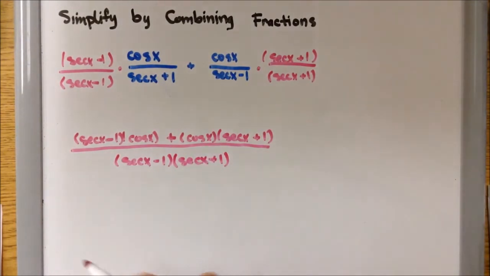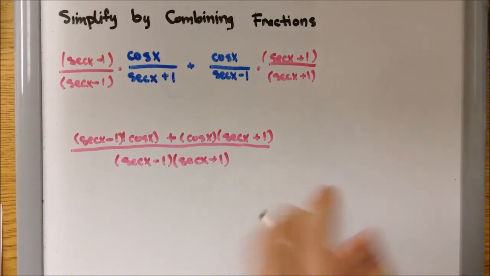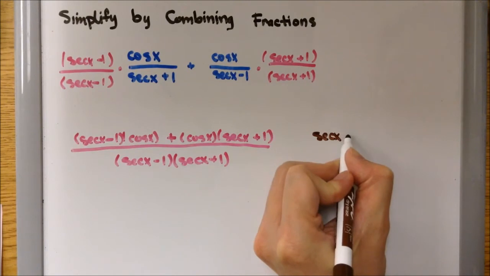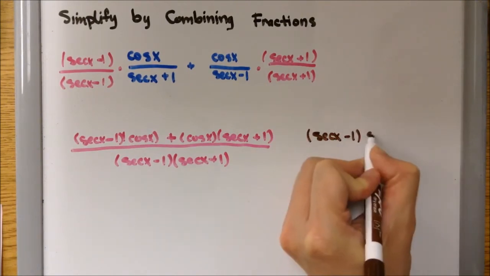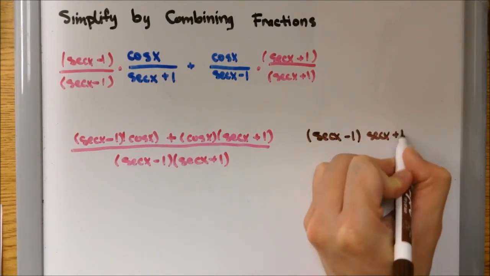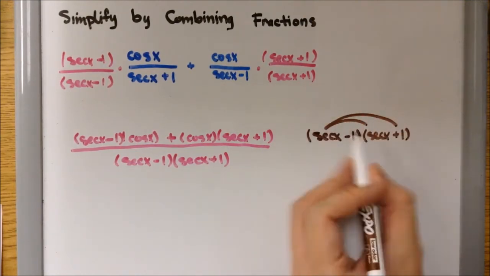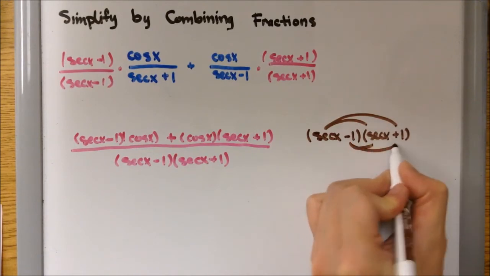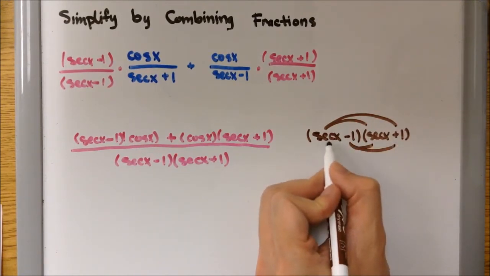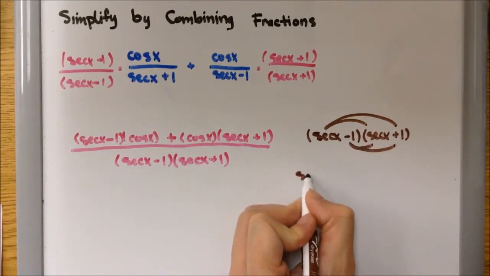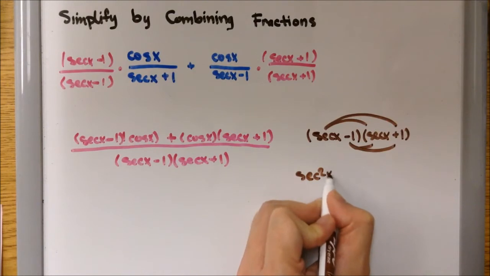Alright. Now, here on the denominator, we're going to FOIL. So I'm going to write it over here. So secant of x minus 1 times secant of x plus 1. Alright, so when I'm foiling, the secant of x times secant of x will be secant square x.